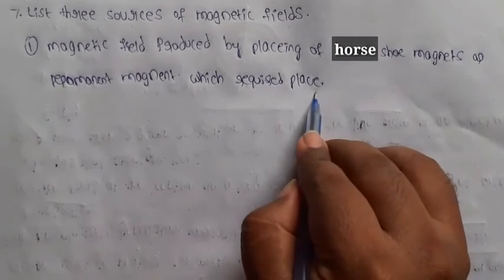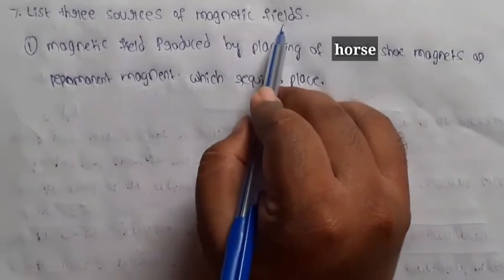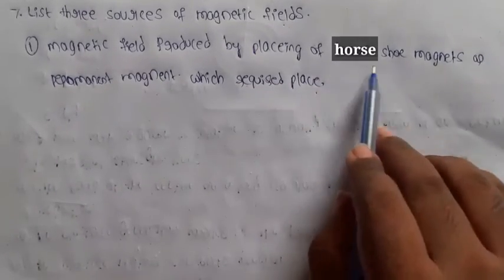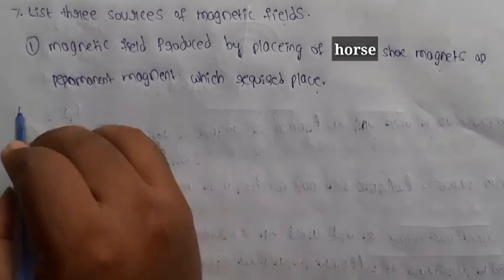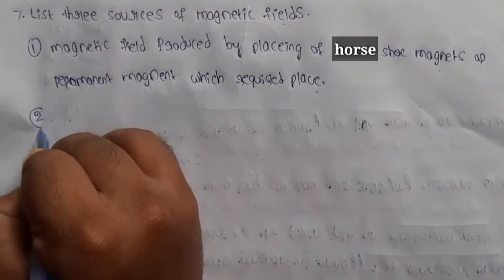In your required place, you get magnetic fields by placing a horseshoe magnet or permanent magnet. This is one source of the magnetic field.